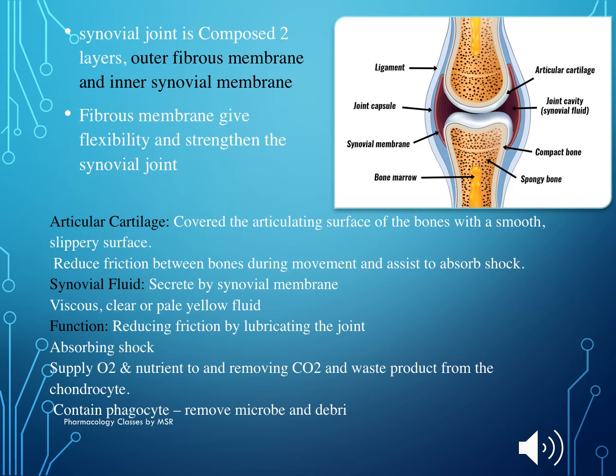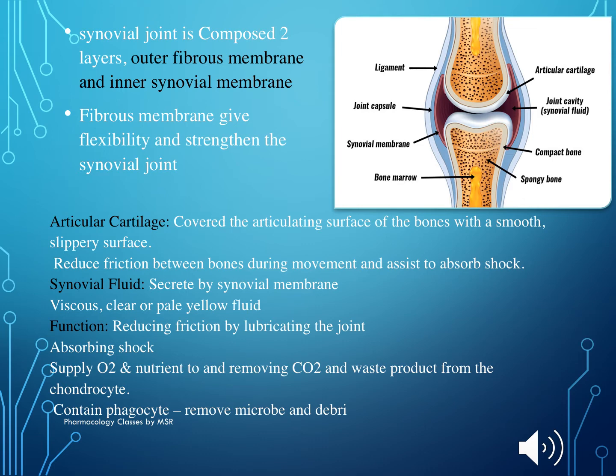They also have articulating cartilage. Articulation means joining. When the bones are joining, at that outer surface we have the articulating cartilage. This helps to make the bone surface smooth and slippery, reduces the friction between the bones, and also helps to absorb shock.